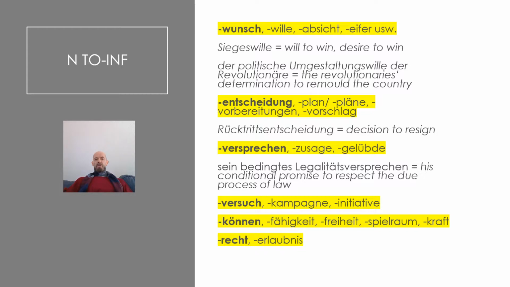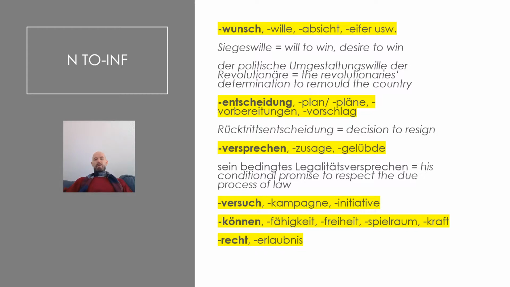Then we have nouns that are to do with decision making or plans. Entscheidung, Plan, Pläne, Vorbereitung, Vorschlag. So for instance, Rücktrittsentscheidung, decision to resign. Then we have promises, commitments and so on. Sein bedingtes Legalitätsversprechen is conditional promise to respect the due process of law.